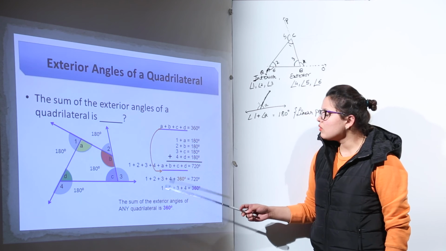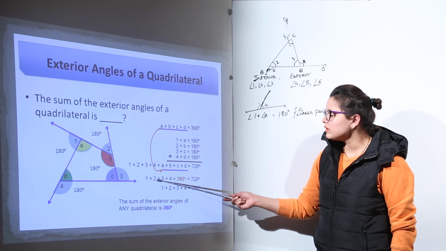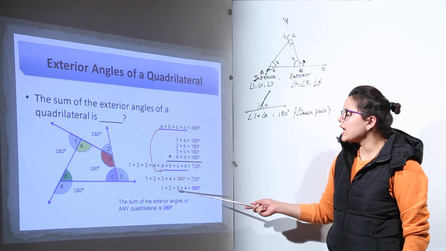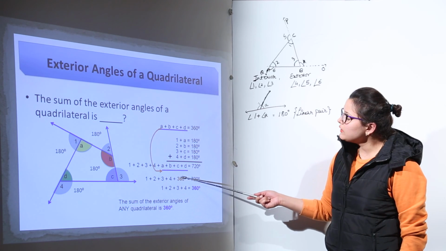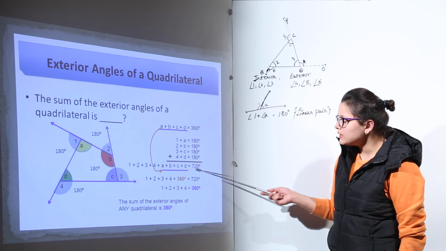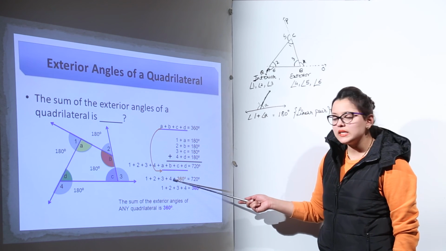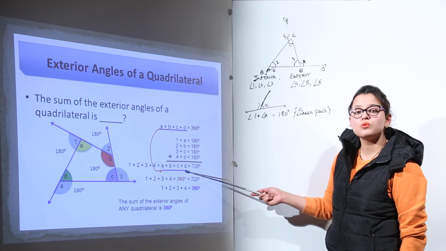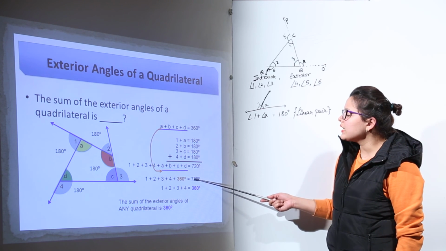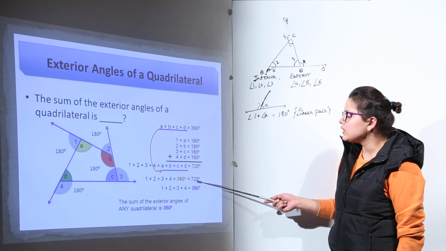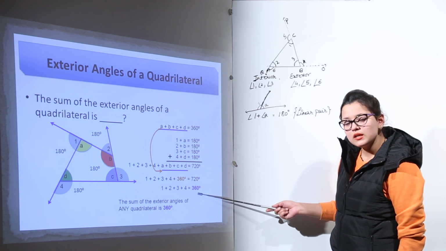Clear enough? Now on solving, you take angles 1, 2, 3, 4 as they are, because that is what we have to find out, and you take 360 to the other side, because 360 was getting added on this side. When you transpose it to the other side, it will get subtracted. So if you subtract 360 from 720, you would get 360, right?